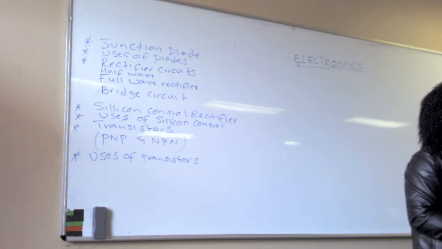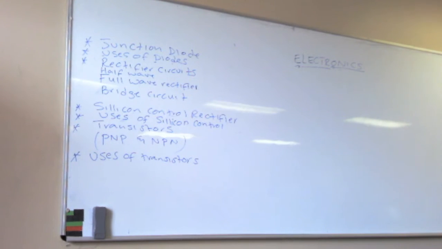So, a junction diode. We call it a junction diode. It's an electronic component or device that allows current to flow in one direction.